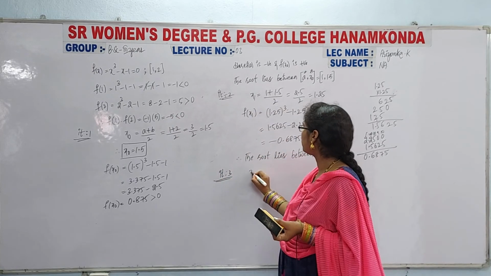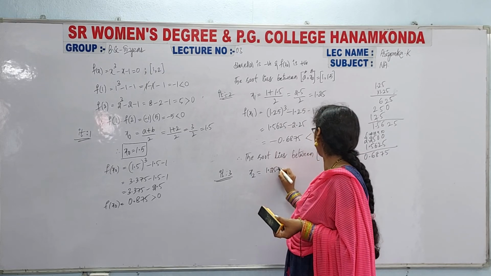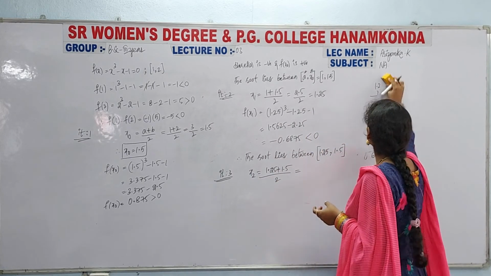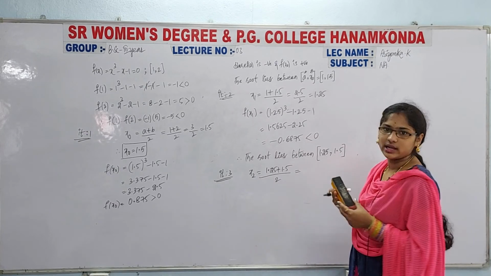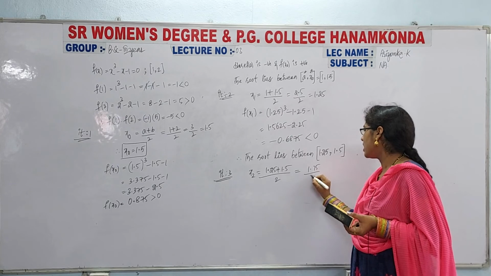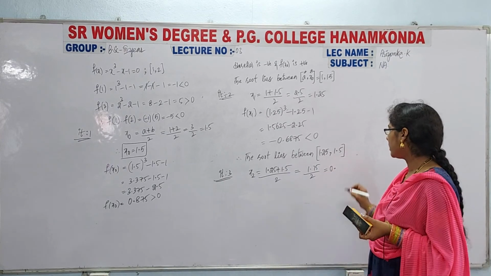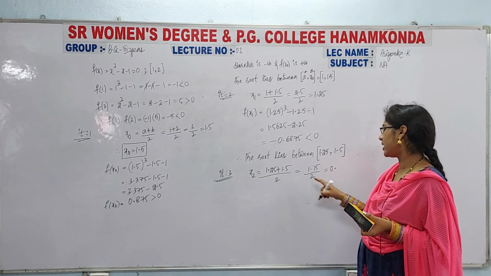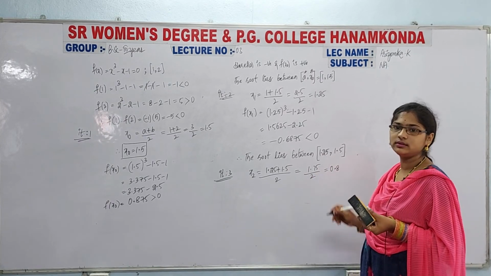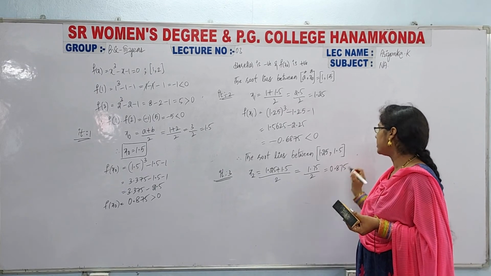So in iteration 3 what we get? x2 is equal to 1.25 plus 1.5 by 2. If you have a calci then it is somewhat easy, it takes less time. Okay. Now here what we get? 1.75 by 2. Now 0 point, right? Next what we get? 17 means 8 and 15, that means 7, 5. 0.8.